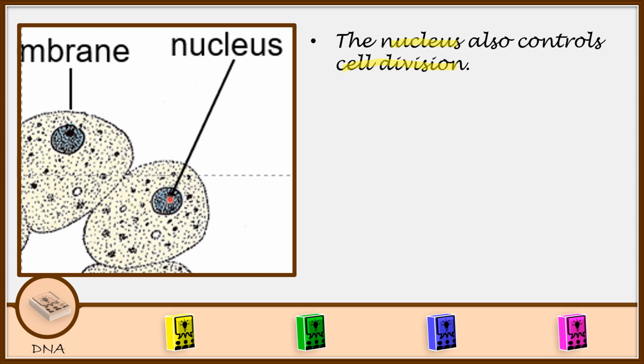It is the nucleus that controls a cell to divide into many cells, what we call cell division. That one is controlled by the nucleus.